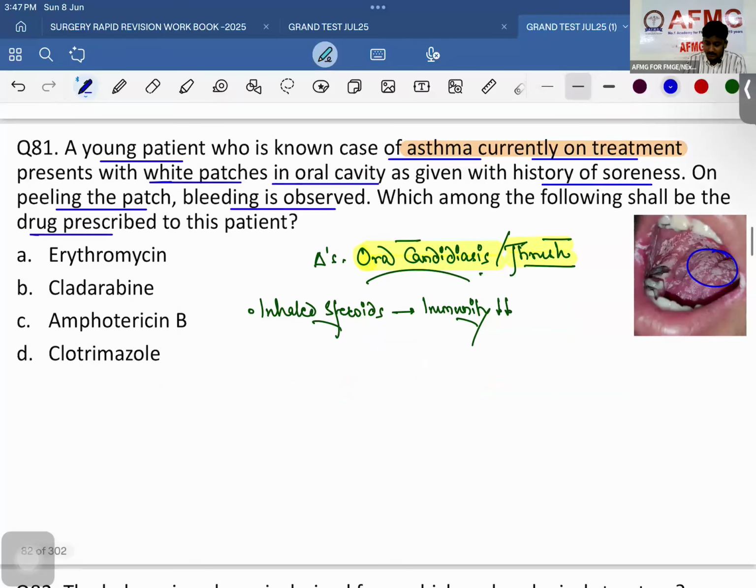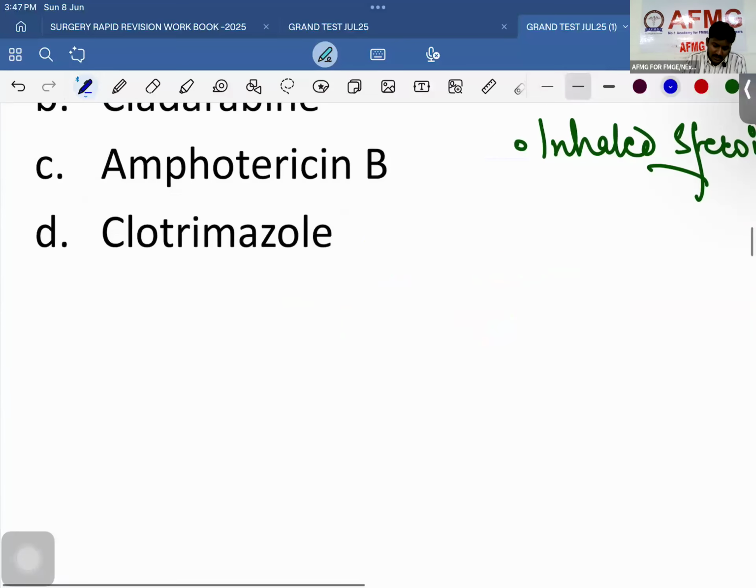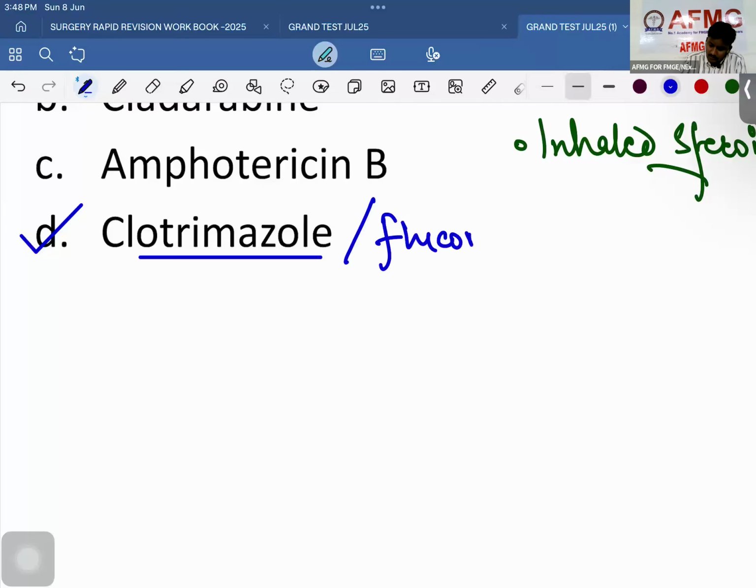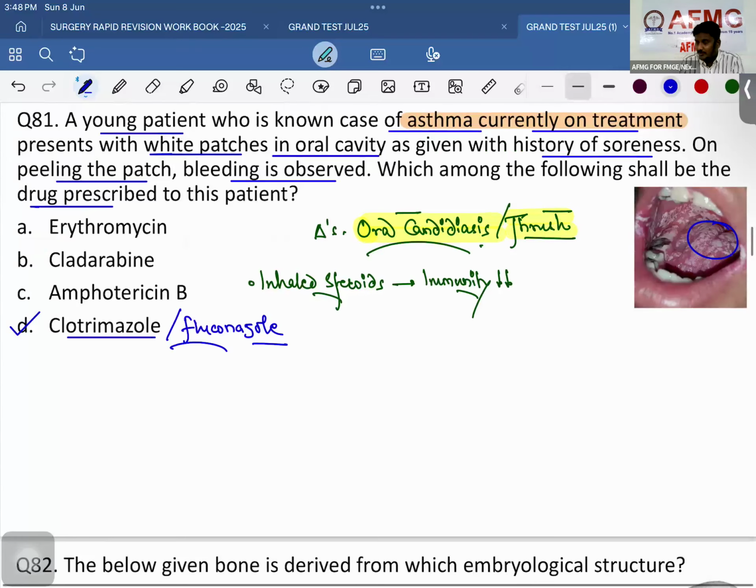What is the drug of choice? So we can definitely give option D, that is clotrimazole, beta, not cotrimoxazole. Cotrimoxazole is an antibiotic, beta. It is clotrimazole. Clotrimazole is an antifungal drug, or the another drug that we can use is going to be fluconazole. So clotrimazole or fluconazole, beta, are the drugs definitely used in the management of oral candidiasis.